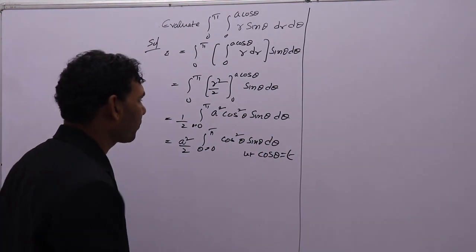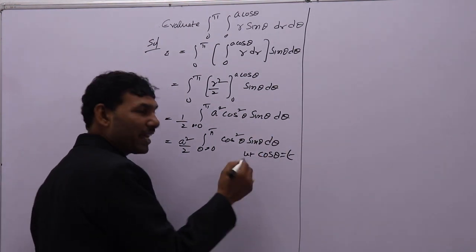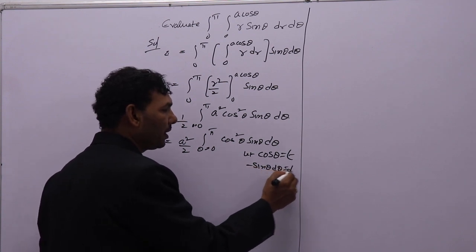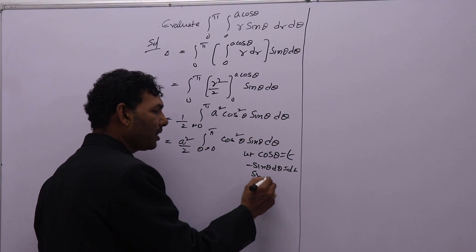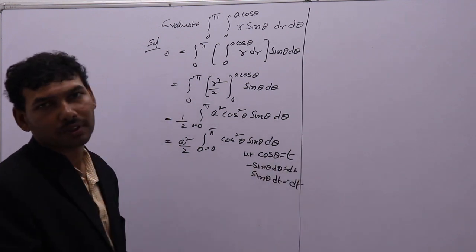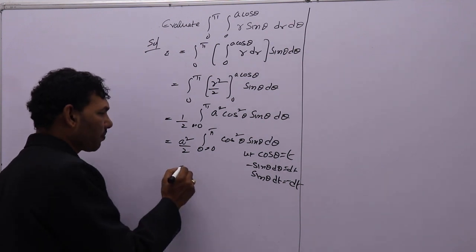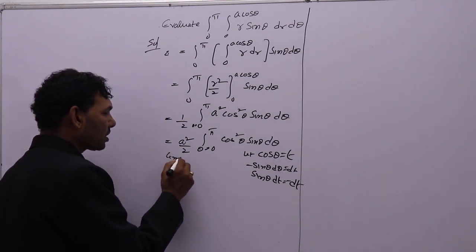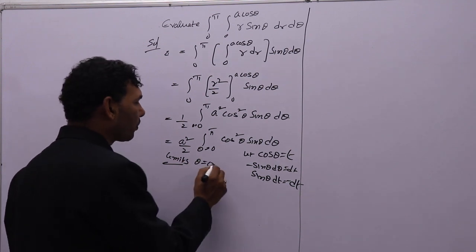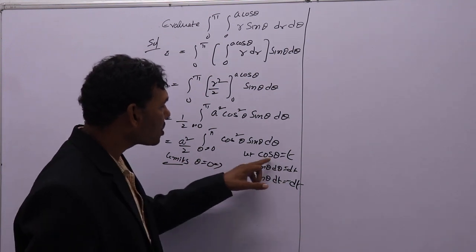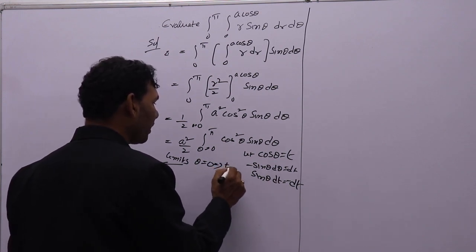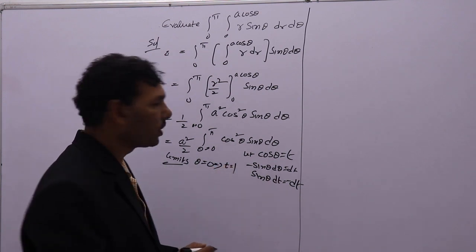What happens? Differentiation of cos theta is minus sin theta d theta, which will be dt. That means sin theta d theta equal to minus dt. Now limits, what happens? Lower limit, if theta equal to 0, what is cos 0? That will be t. Cos 0 is 1. Theta 0 when t equal to 1.